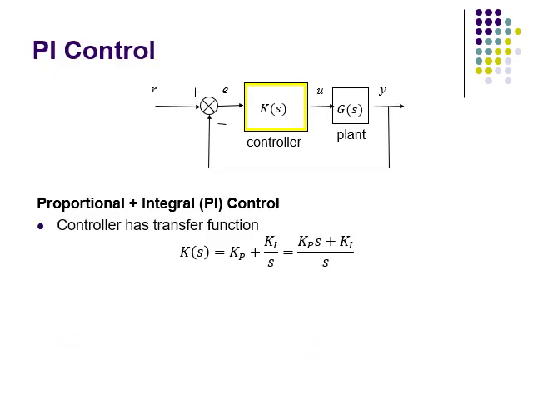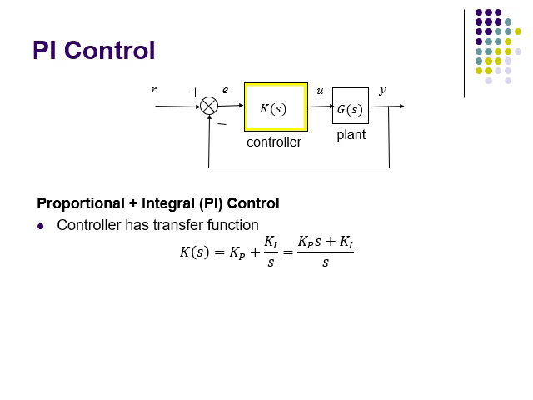Okay, so an alternative approach, and usually a better approach for reducing steady state error, or even achieving zero steady state error, is to use a new type of controller. So the type of control that we're going to look at here is called a PI control.